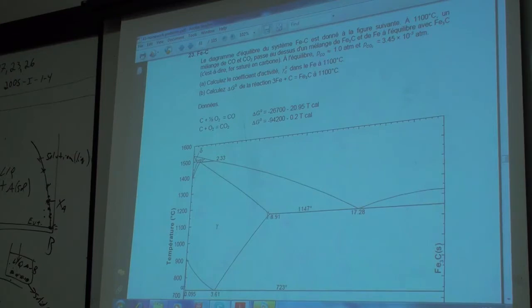So at 1100 degrees Celsius, a mixture of CO and CO2 passes above a mixture of iron carbide and iron. In other words, you're somewhere in this region here, so you have a hypereutectoid steel containing austenite and Fe3C.